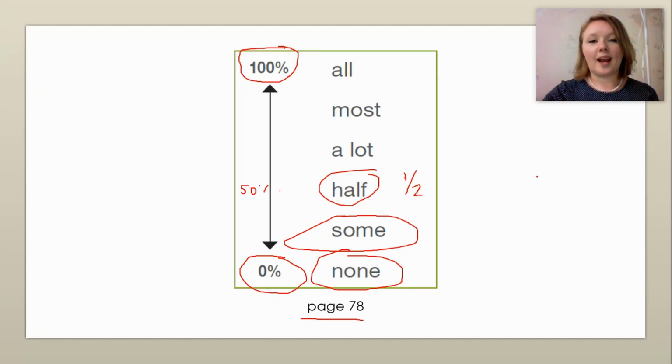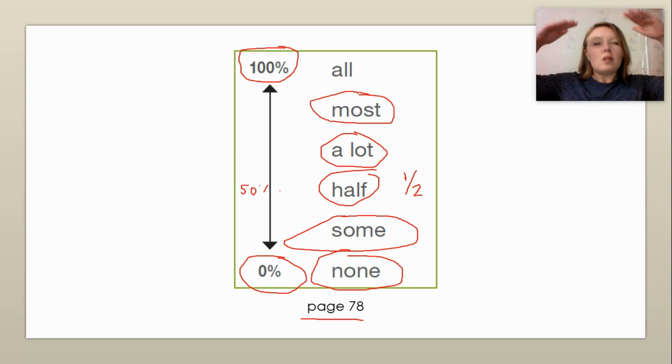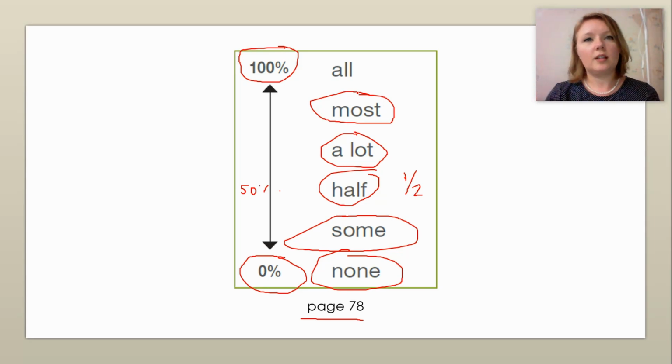Moving up from half, we have the term a lot. I have had a lot of my water. And after a lot, we would go up to most. Most means almost all. We're very close to all, right? All is 100%. Most is very close.